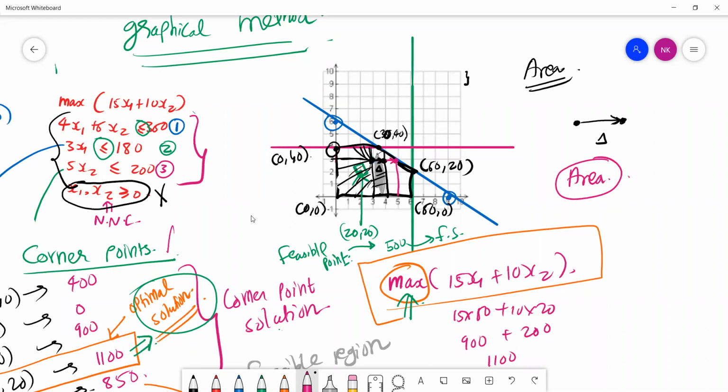That is the reason I will be considering the corner points, because by considering the corner points, I don't have any chance to move further to the left or the right. If you are considering this corner point 60, 20, you cannot move further this side, because then it will be the infeasible region.